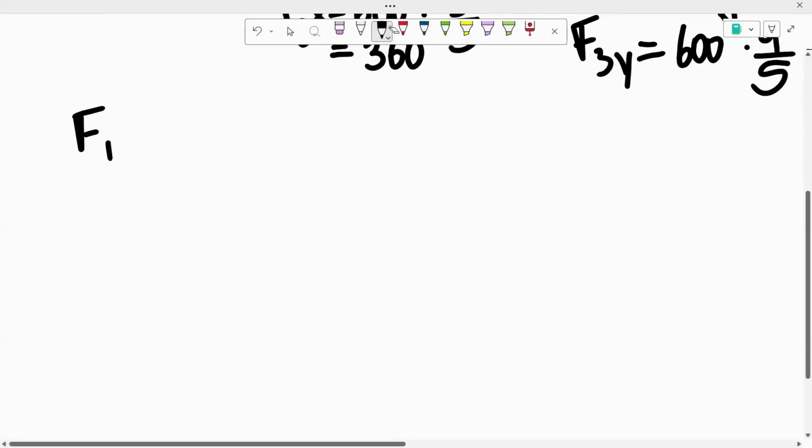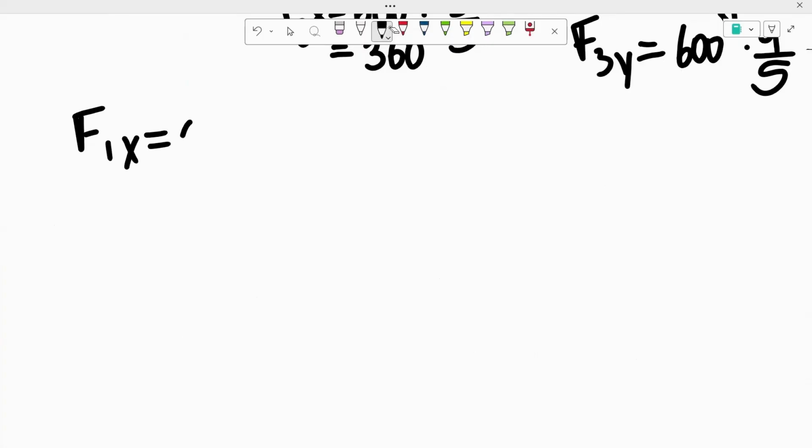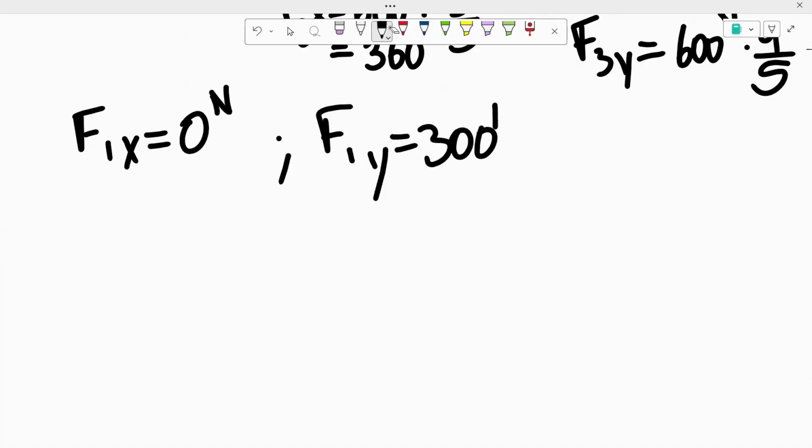So F1 of x was 0 newtons, and F1 of y was 300 newtons. F2 of x was 318.2 newtons. Sorry.